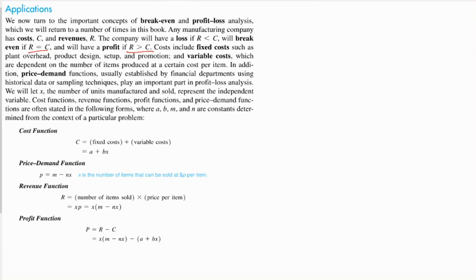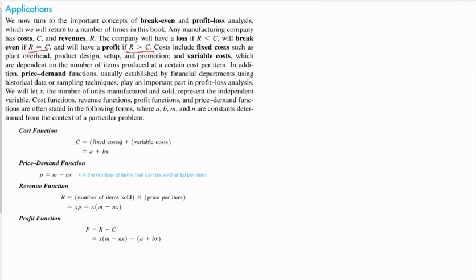They play an important part in the profit-loss analysis. We will let x be the number of units manufactured and sold and represent the independent variable. And the cost function, the revenue function, and the profit function, along with the price demand function, are often stated in the following forms, where a, b, m, and n are constants determined from the context of the problem.